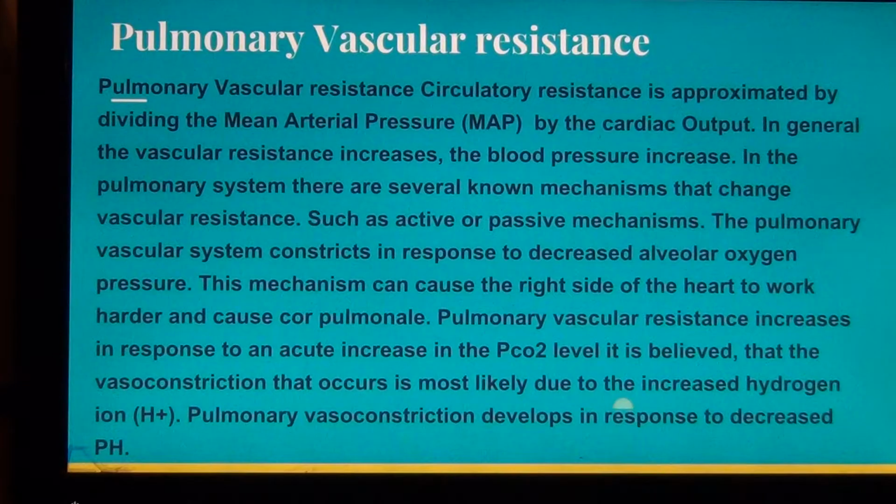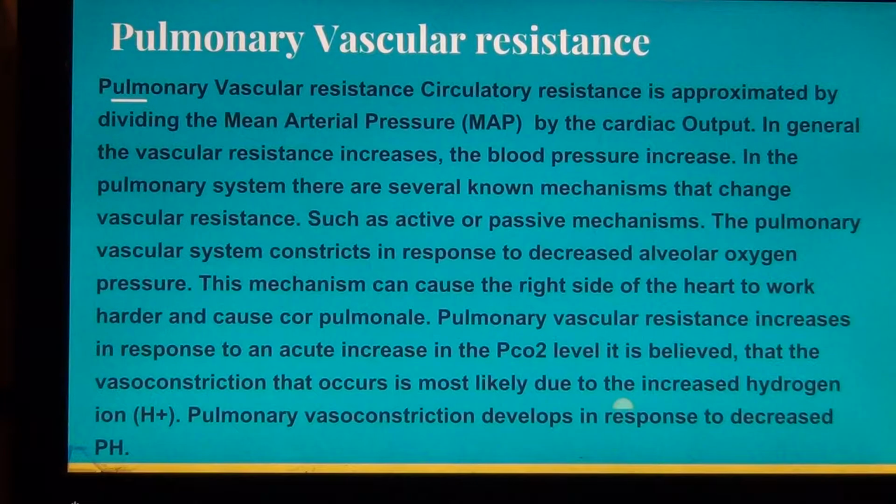The pulmonary vascular system constricts in response to decreased alveolar oxygenation pressure. This mechanism can cause the right side of the heart to work harder, and that causes cor pulmonale.